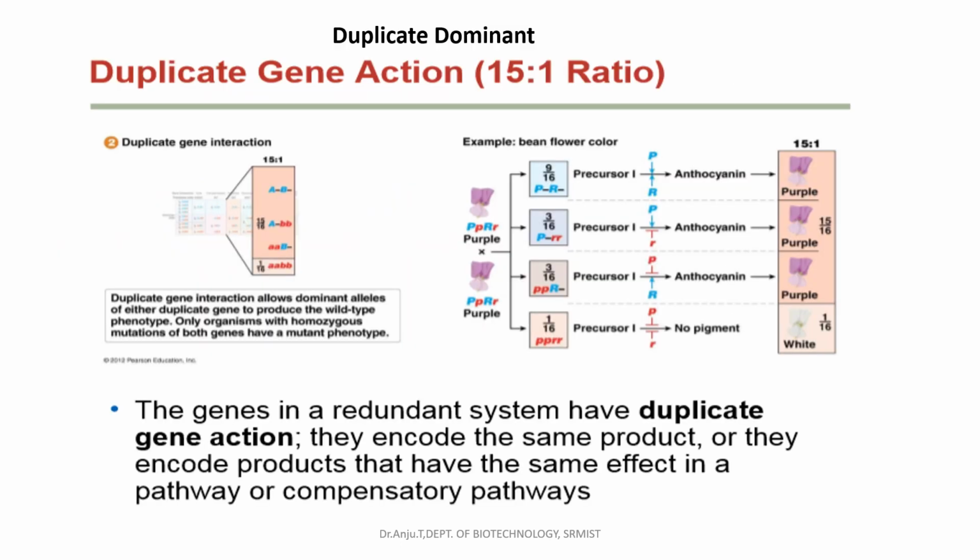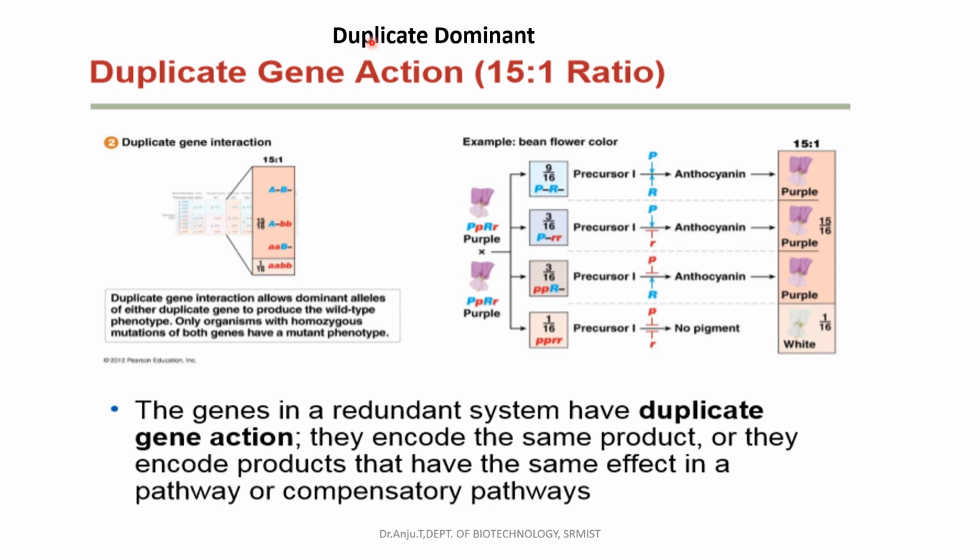The next type of gene interaction is duplicate dominant or duplicate gene action. So what is this duplicate dominant? Here we are using two terms, duplicate and dominant. What is duplicate? It is when two gene pairs have identical functions.